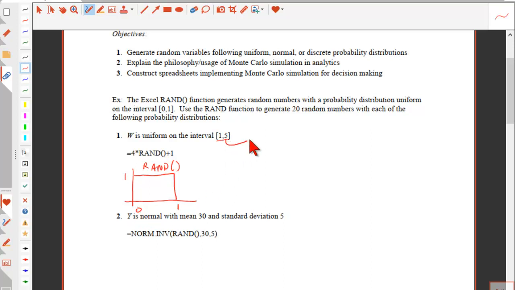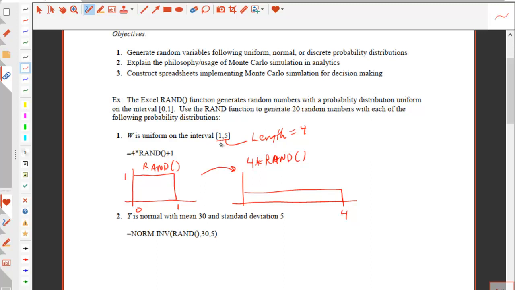So here's how I can use the output of RAND to tweak it a little bit. First of all, notice that the length of this interval is 5 minus 1, which is 4. And so the next thing that I'm going to do is multiply the RAND command by 4. And what that does is generates a random variable now not on 0, 1, but on 0, 4.